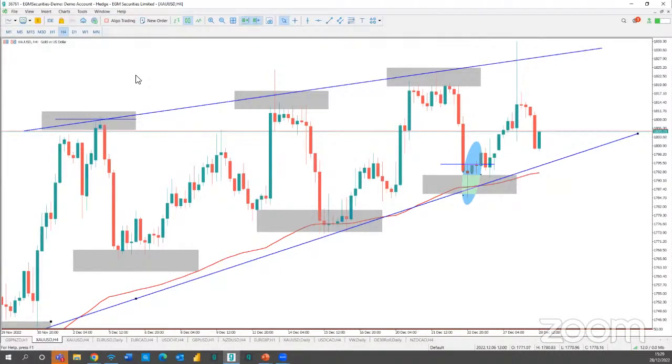Testing means wait for the price to come and touch that level. And then observe the type of candlesticks that form there. Then once you find a signal, wait for a confirmation and enter your trade. Just those three rules. I don't know whether I can write them.